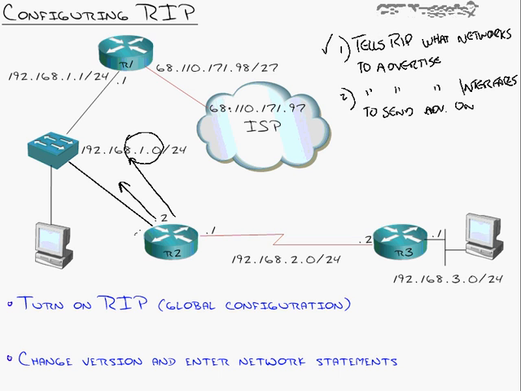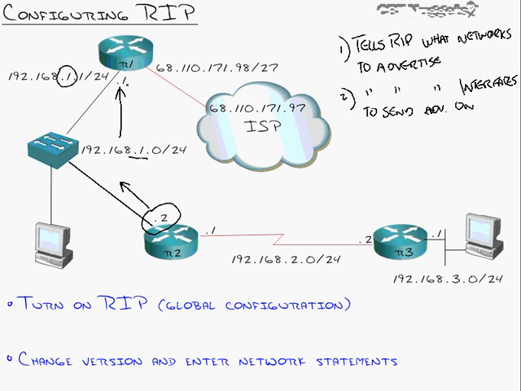I said 192.168.1.0 for the network to advertise, so since this interface starts with 192.168.1.something, this is the one that's going to send out broadcasts. Now, it's kind of pointless in this case because the only one who's going to hear that information is router 1. And router 1 is going to say, well, that's great, but I already knew about the 192.168.1 network because I'm plugged into it too.